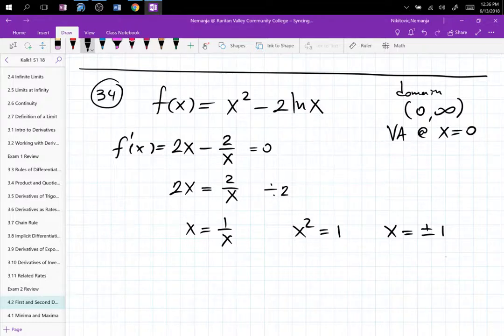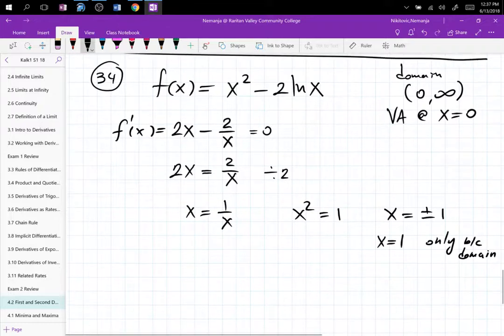You see that the calculation is giving us a negative number, but we know better, right? The domain is 0 to infinity. Kill the negative number. So x equals 1 only, because of the domain.